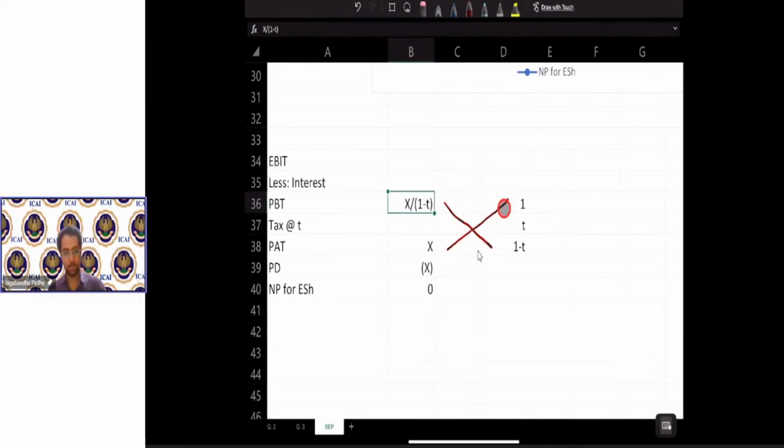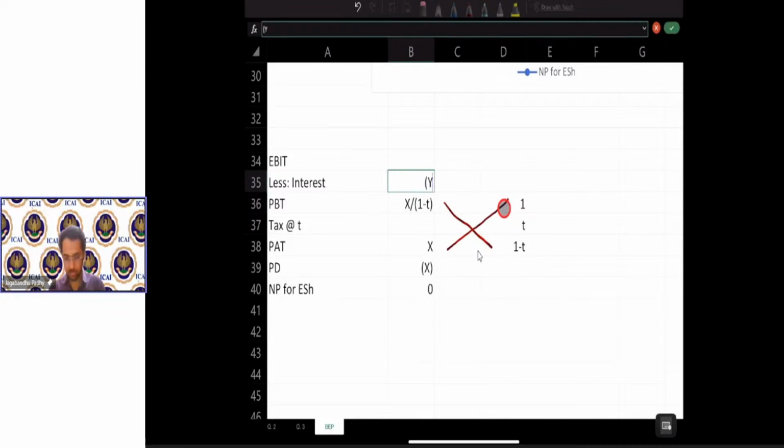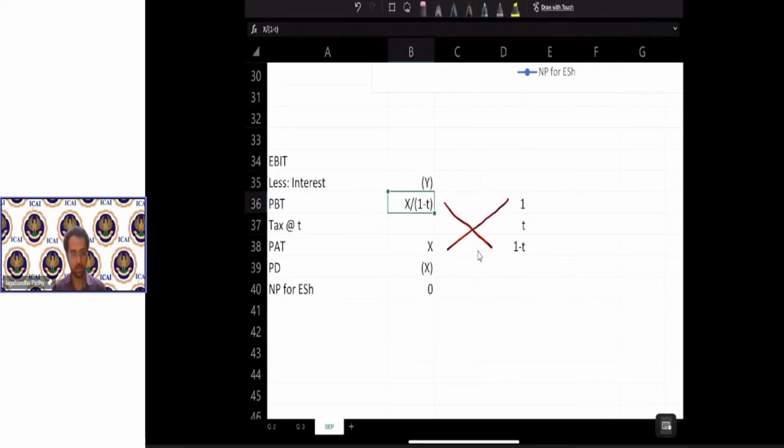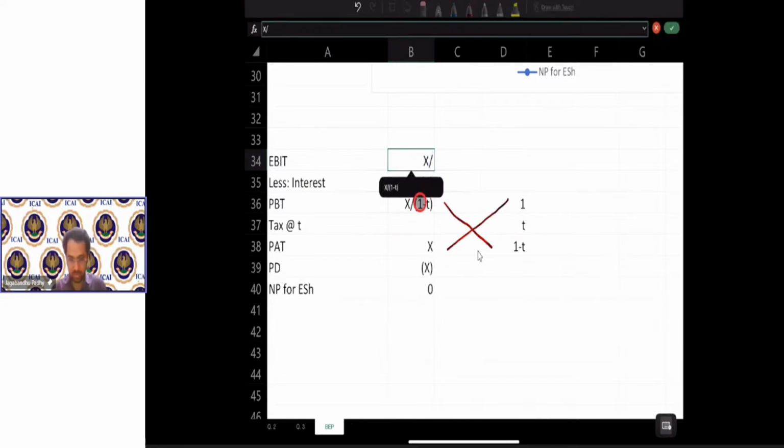Now the interest amount, let me take that as y. Of course, we subtract the interest amount y to get the PBT. So for the EBIT figure, by the backward calculation, you just need to add it up, and your EBIT will be X divided by 1 minus t plus y.